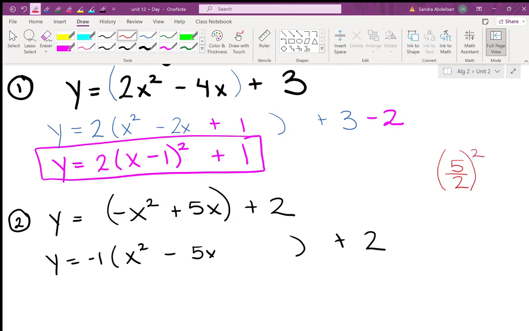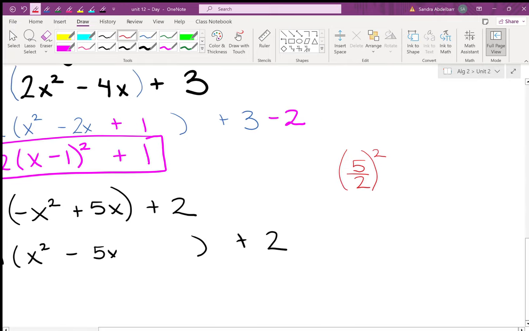That's why I left it as a fraction and not a decimal. It's easier to square a fraction than it is to square a decimal. So you all could have changed that to 2.5, but that's not good. So when I square this fraction, 5 over 2 squared, isn't that 25 over 4?